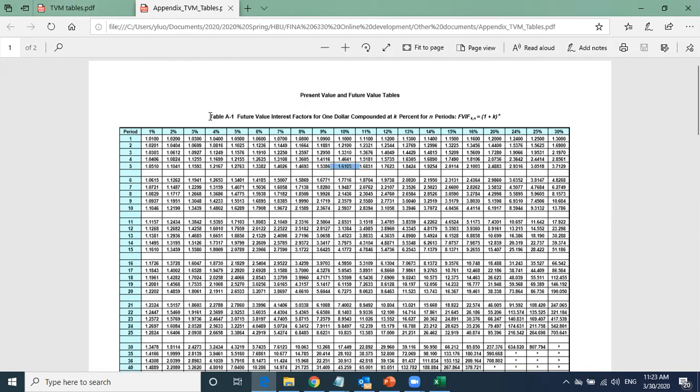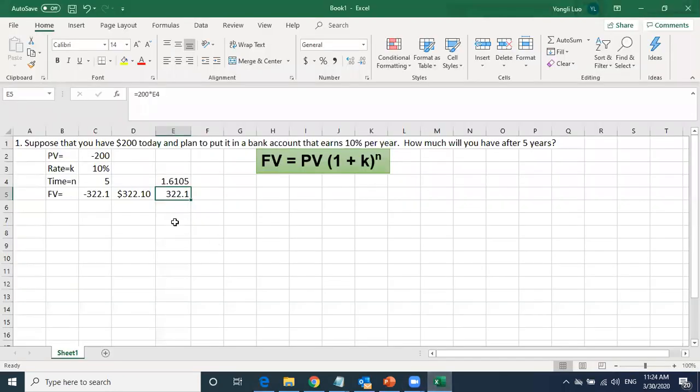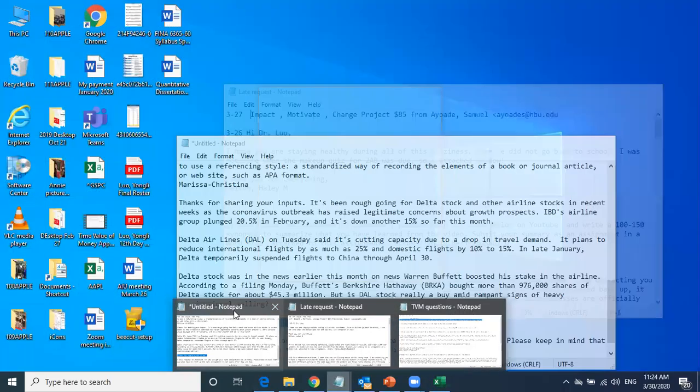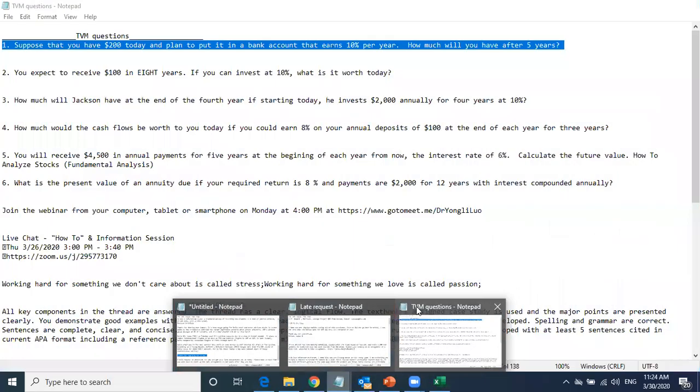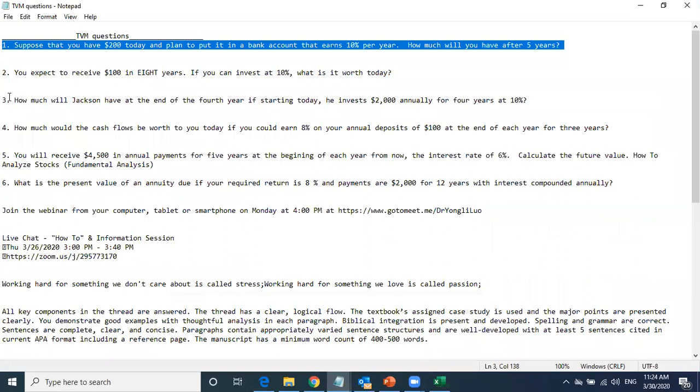Learn how to use it; it's very convenient. You just look for the cross point to get the factor, and then multiply it by the principal, the present value. Good. Any questions? Okay, let's do another question.